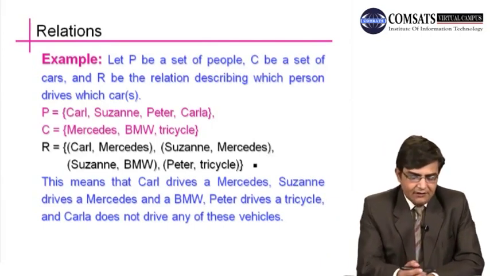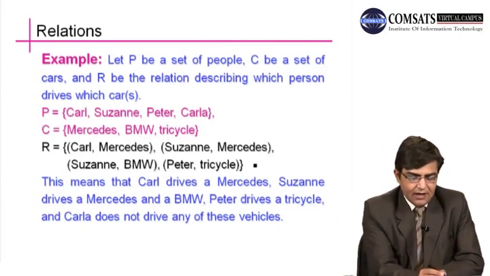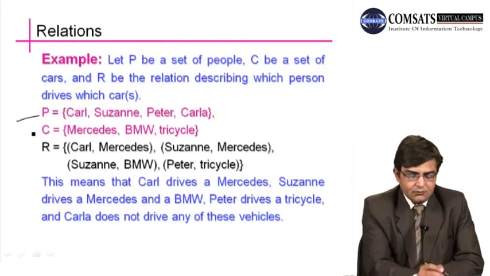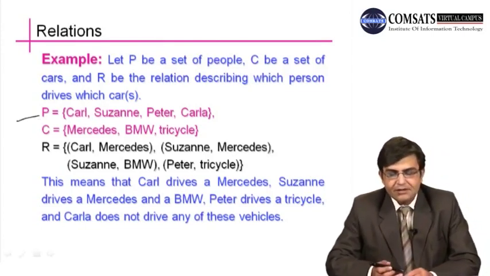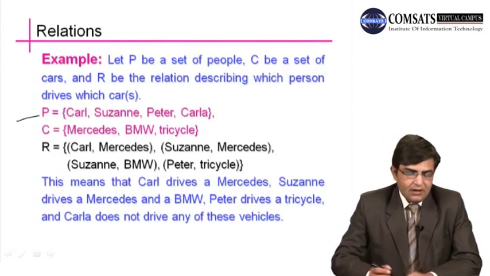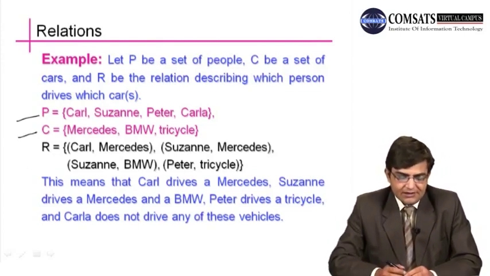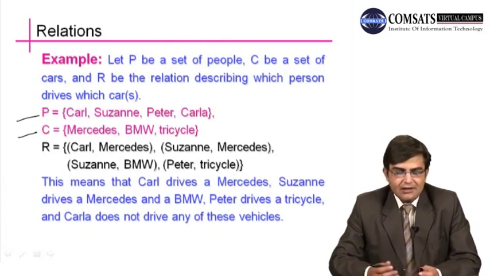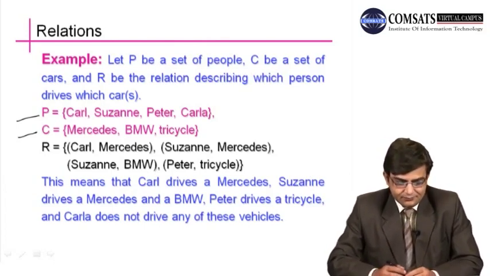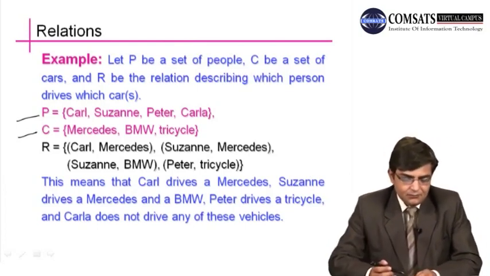For example, in set P we have people Carl, Susan, Peter and Carla, and we have another set C, which is a set of cars: Mercedes, BMW and tricycle. These are two sets.